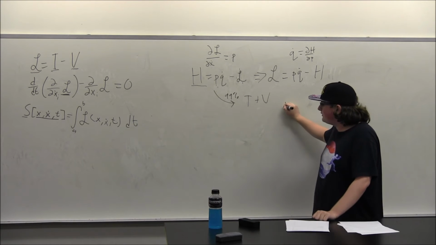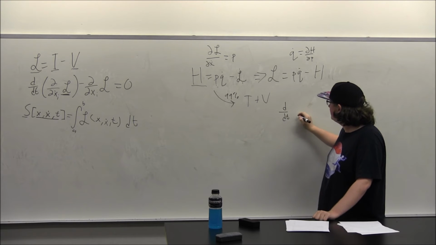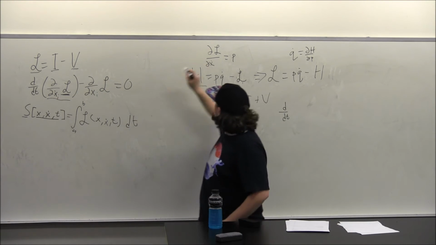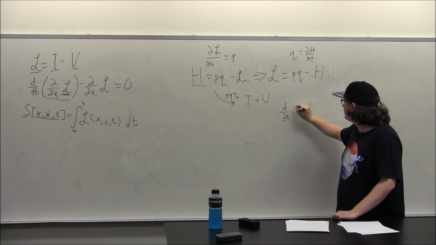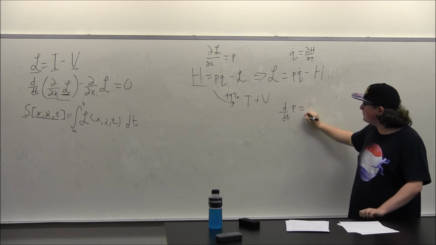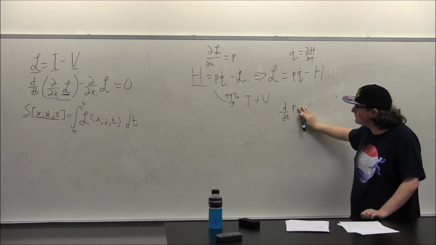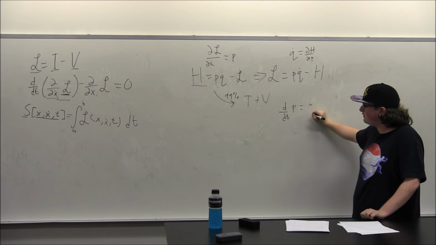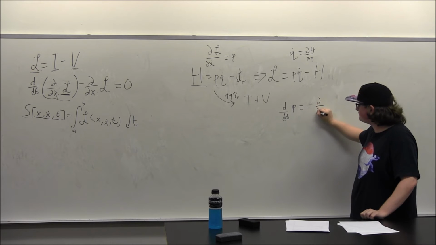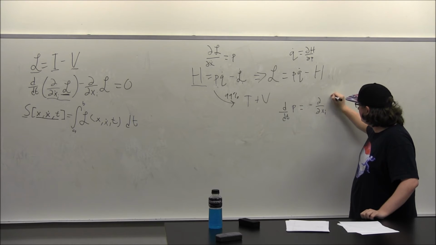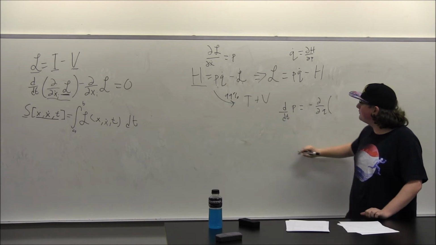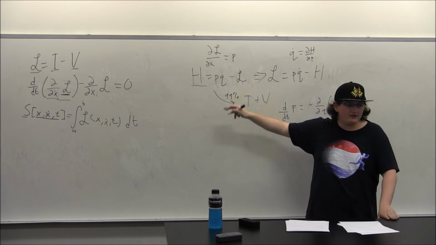So we have d over dt. We already said that this is our momentum right here. So d over dt of p is going to be equal to negative partial L over partial q. I sort of switched from using x's to q's.